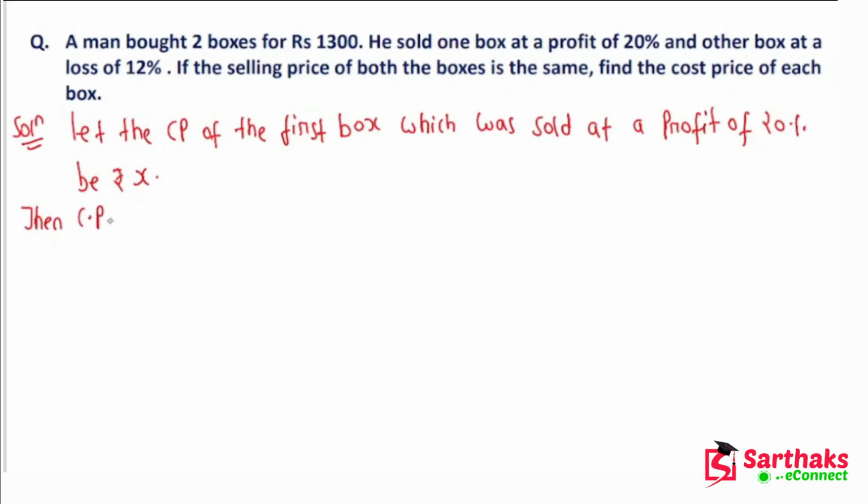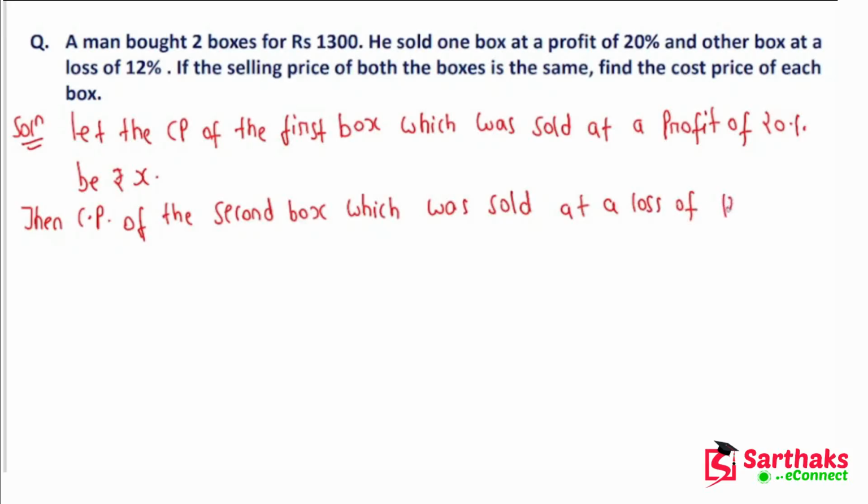Then the cost price of the second box, which was sold at a loss of 12%, will be rupees 1300 minus x.